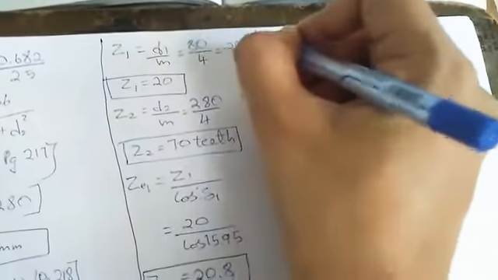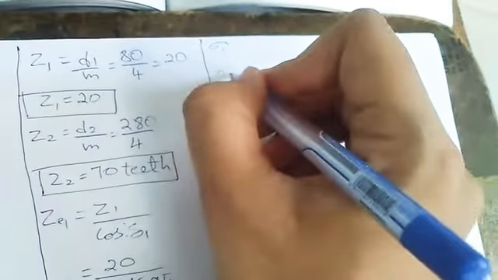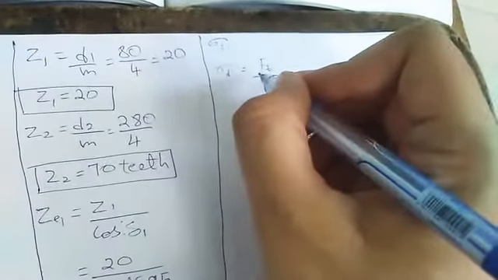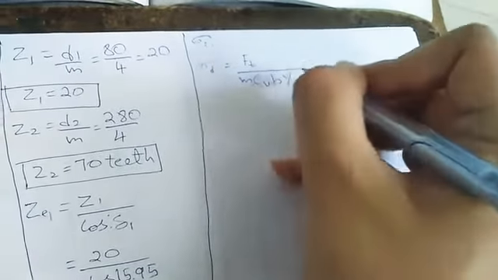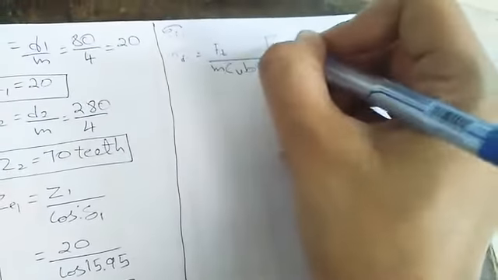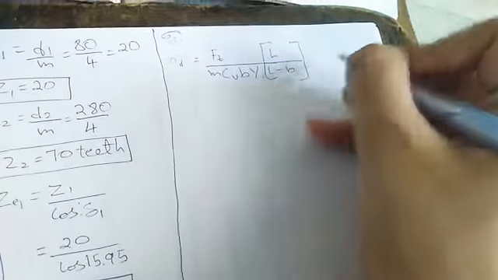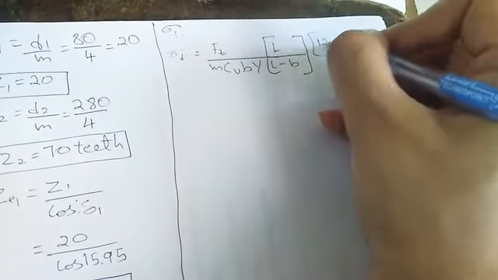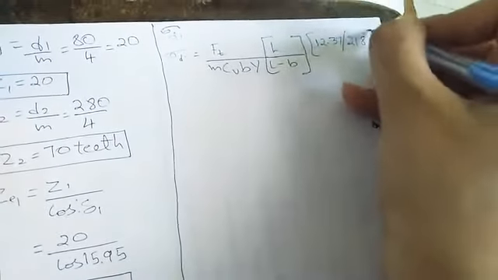Next, we'll check for sigma d. We have sigma d is equal to Ft divided by m Cv b into L divided by L minus B. This formula is from 12.37, page number 218.